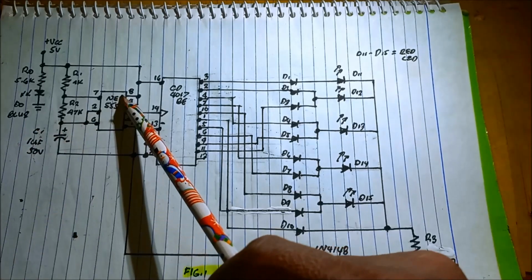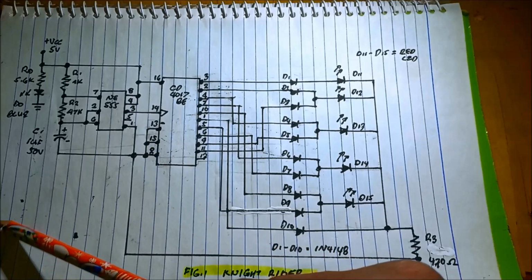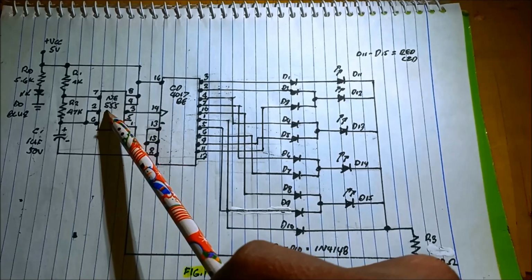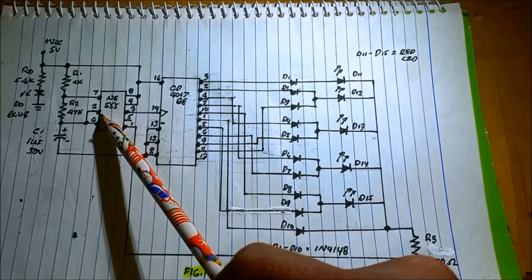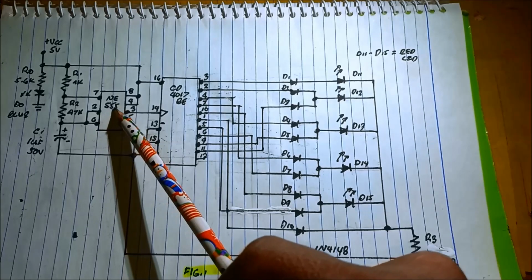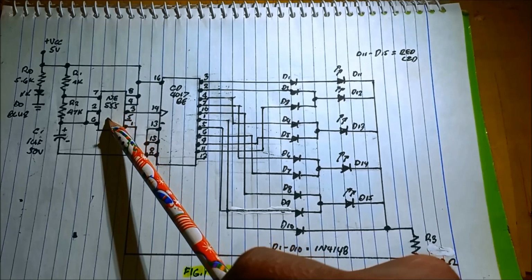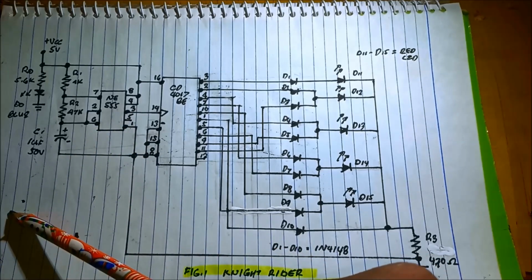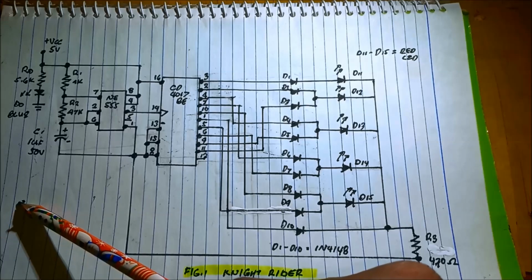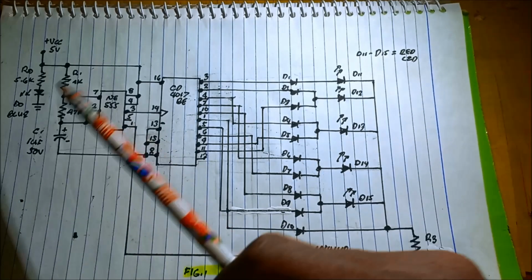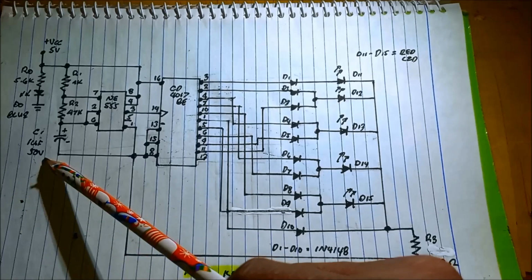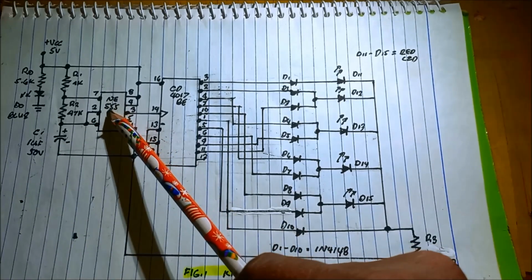In our circuit, we configure or design the 555 timer as an astable multivibrator, sometimes called a pulse generator. Also, PWM generator, pulse width modulation.